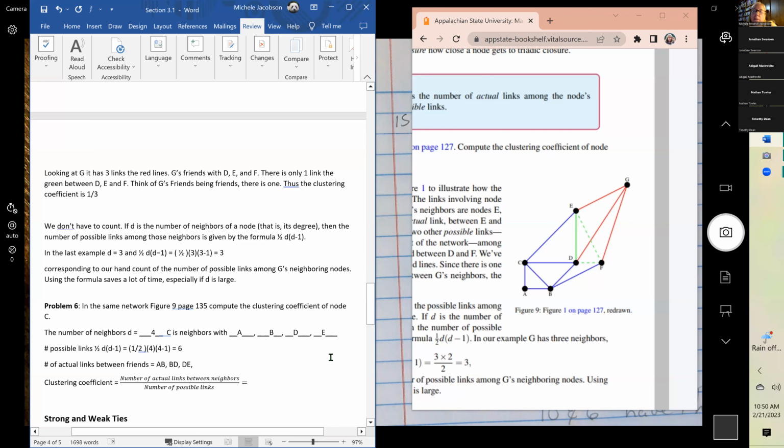So I found 3. Is that what everyone found, or is there more? So what you want to do is look at the friends and see all the connections, just a straight one link. A to B has one link, but A doesn't have a straight link to D or E, so that was only AB. Then I go to the next one. B and D has a straight link, but B doesn't go straight to E. So that's the BD. And the last one, DE, does have a link. So it's 3 of them.